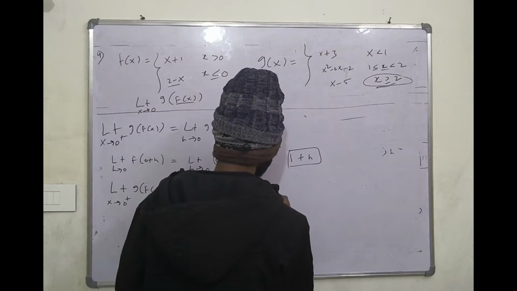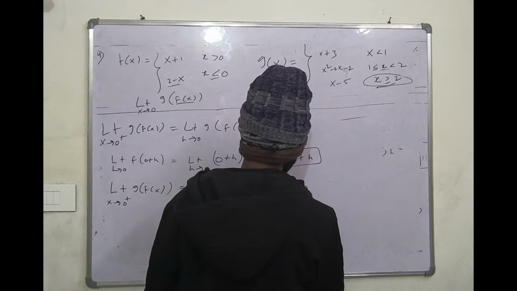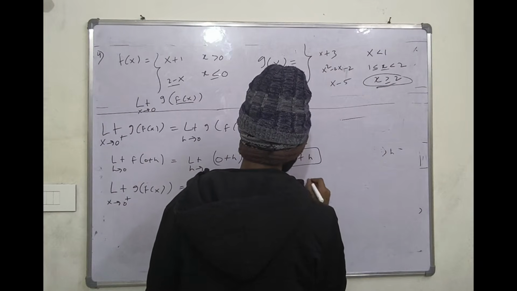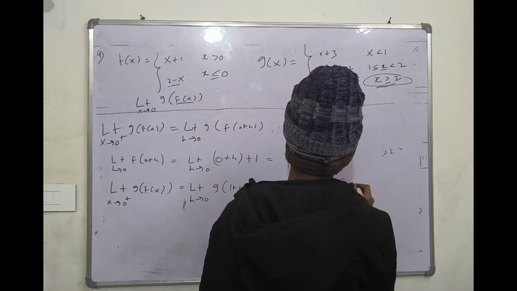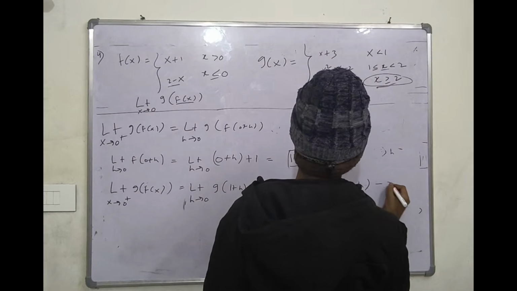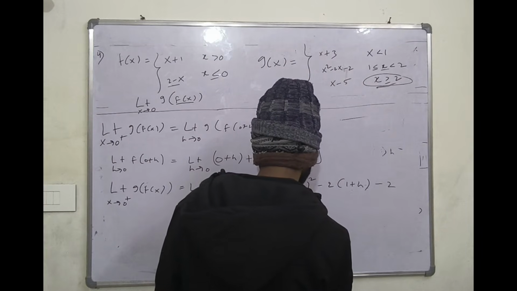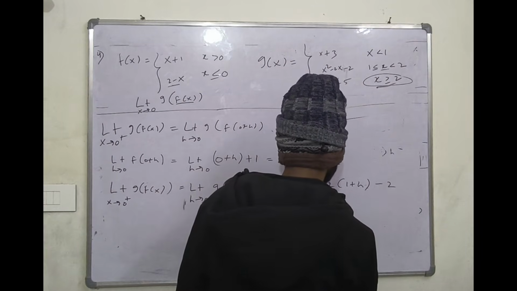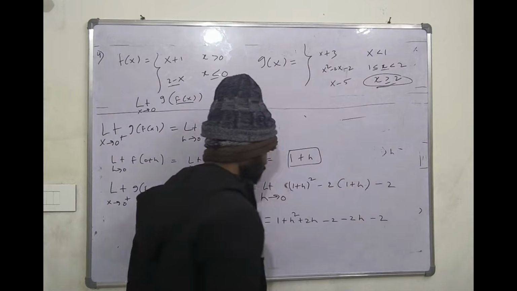Limit h tends to 0, 1 plus h whole square minus 2 into 1 plus h minus 2. This is 1 plus h square plus 2h minus 2 minus 2h minus 2.